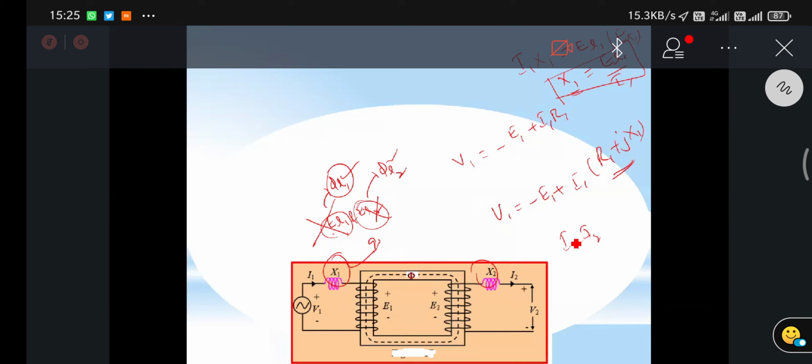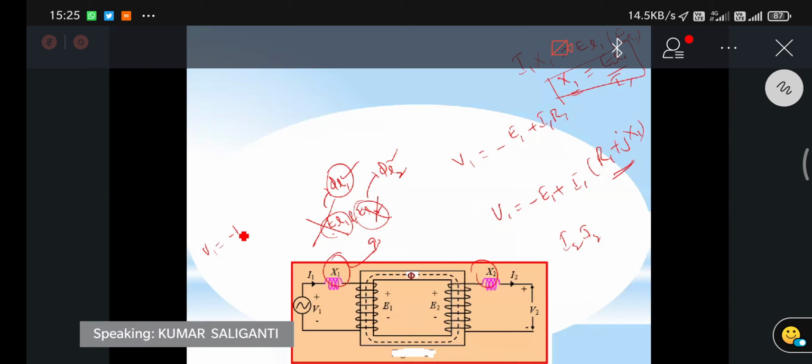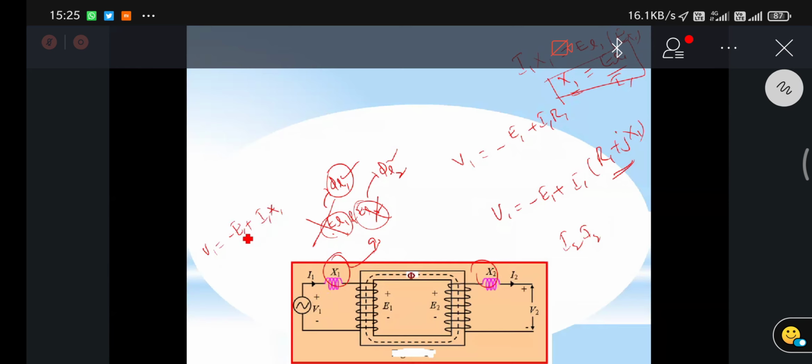So we have the relation V1 equal to minus E1 plus I1 X1, which is the imaginary term j I1 X1, a vector. And E2 equals V2 plus j I2 X2.